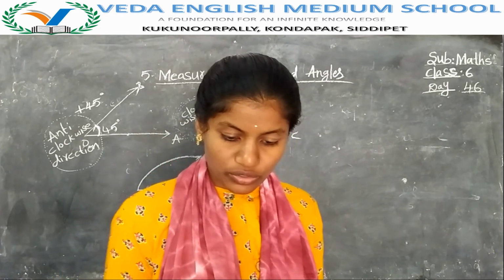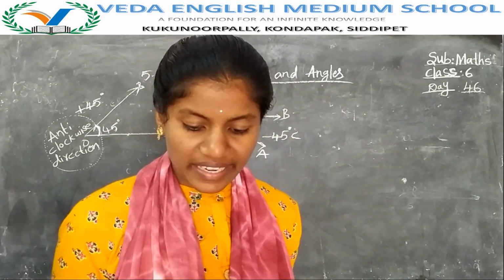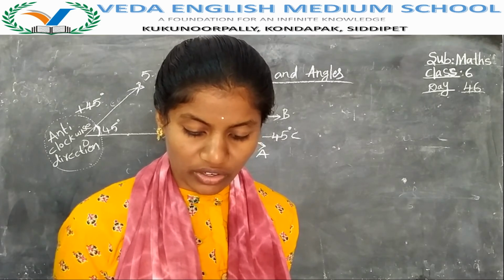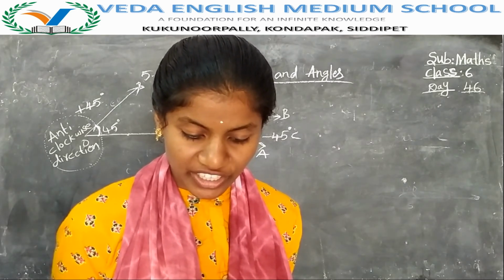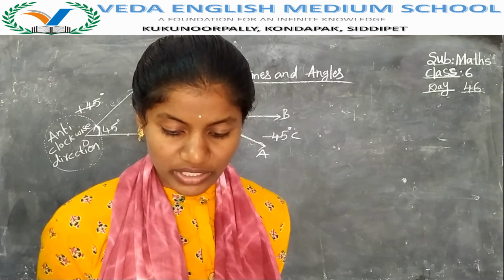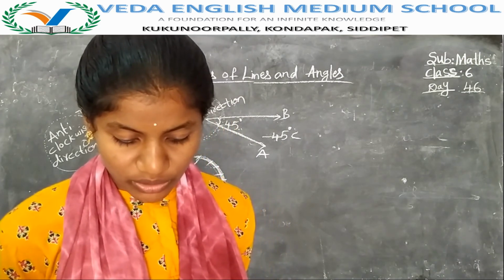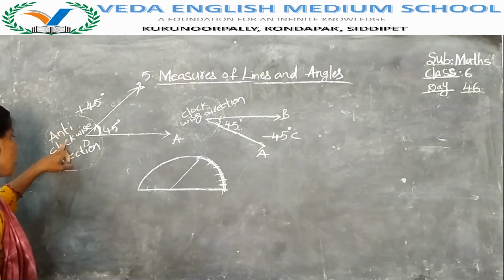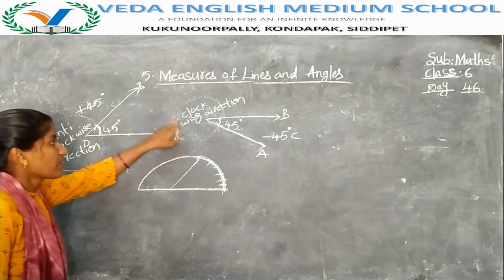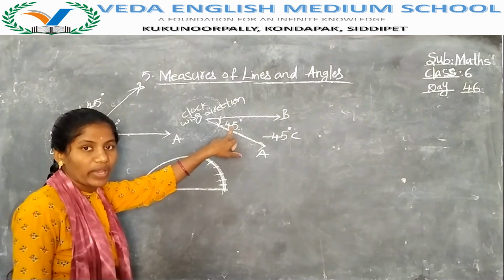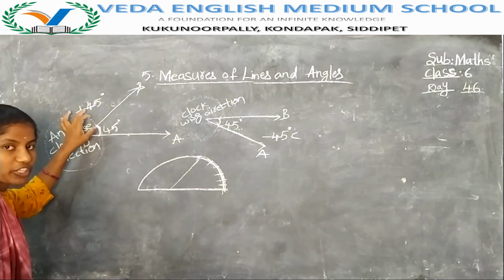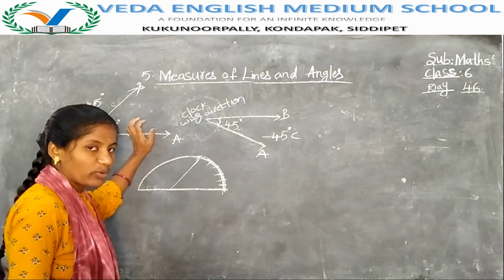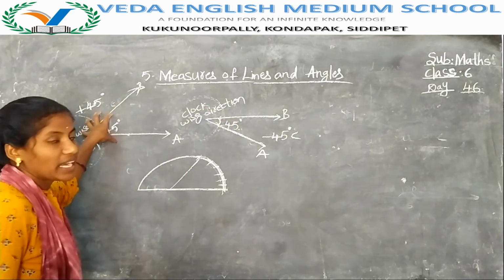Angles where the ray moves in the opposite direction of the hands of a clock are called anti-clockwise, and anti-clockwise directions are called positive. Anti-clockwise direction makes a positive angle, clockwise direction makes a negative angle. It is clockwise and it is anti-clockwise direction.